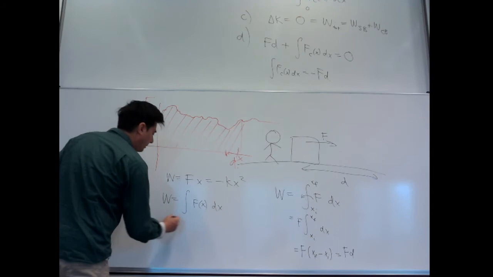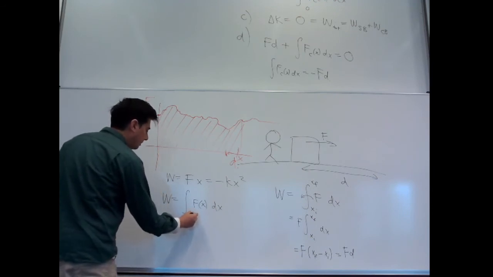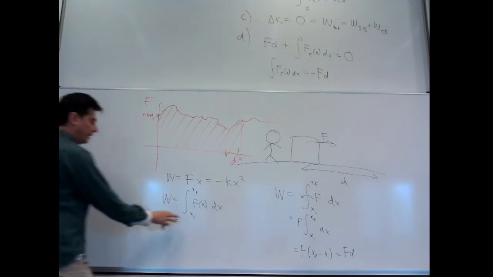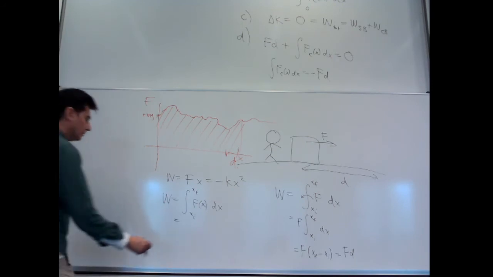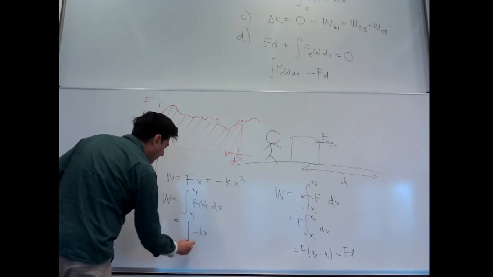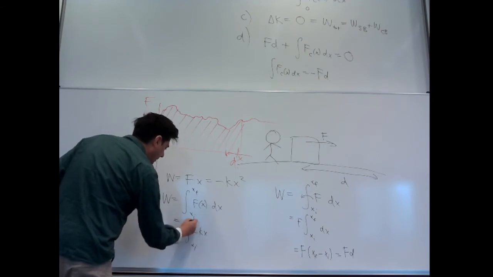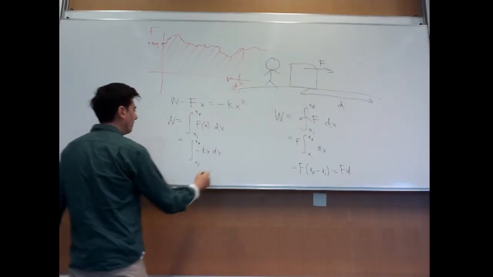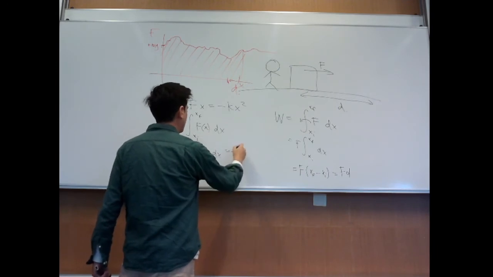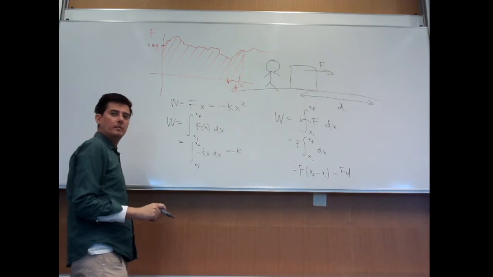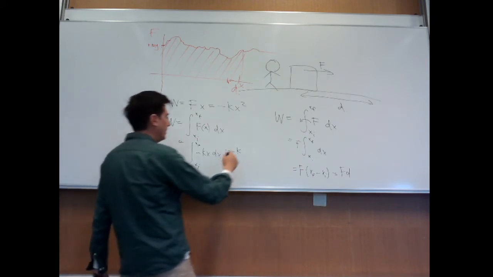And so if we stick in the initial x and the final x like this, that means we're going to substitute our formula minus kx into here. And so the integral of x is x squared over 2, right?